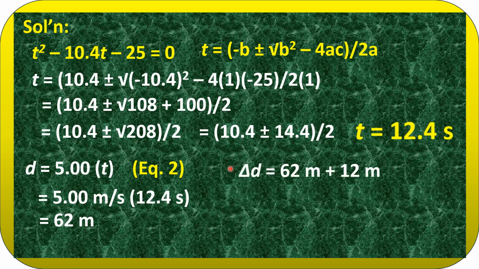So what we do is just add 12 meters to 62 meters. 62 plus 12 meters, which is 74 meters, will give us our final answer. This is the distance that you need to run in order to overtake the bus. At least you will be abreast with the rear of the bus.